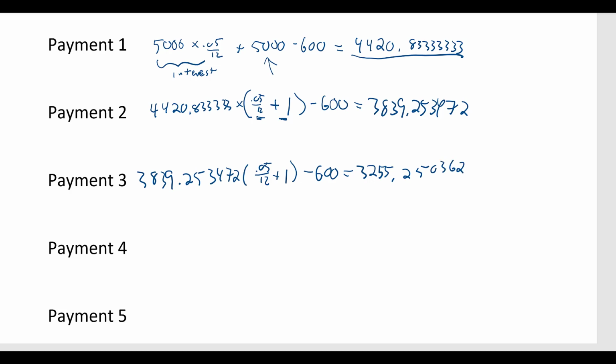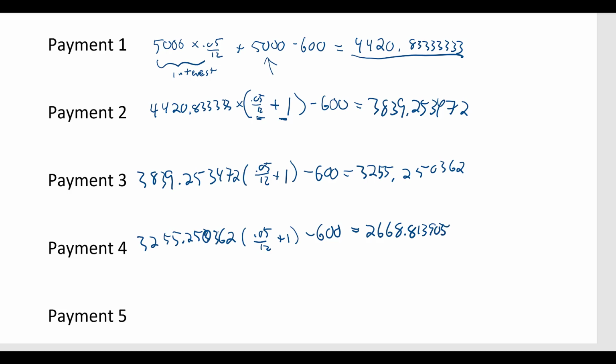3250.362, I take that amount, 3250.362 times 0.05 divided by 12 plus the 1 minus 600, and I get 2668.813905.